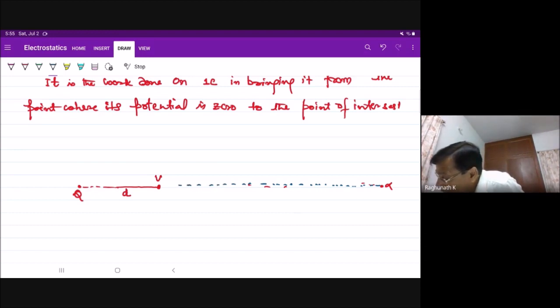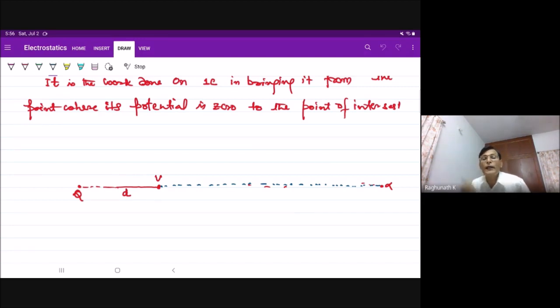Again it is against the field force. Naturally, against the field force. Potential difference, I told you, in any practical field, potential difference between 2 points is only a point function, not a path function. I'll come to that also.